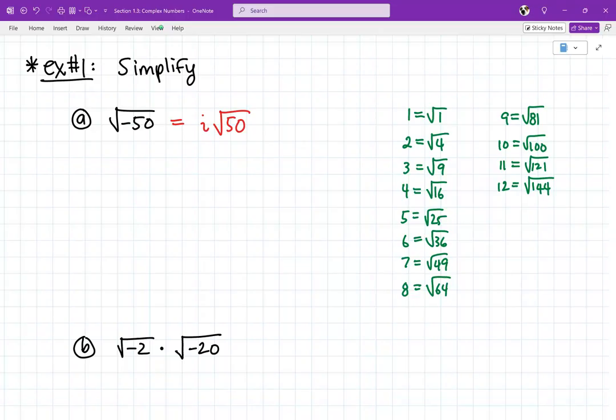That's a lot. If you were one of my students, I would have made you go 4 more. 13. That's 169. 14, 196. 15, that's 225. And 16 is 256.